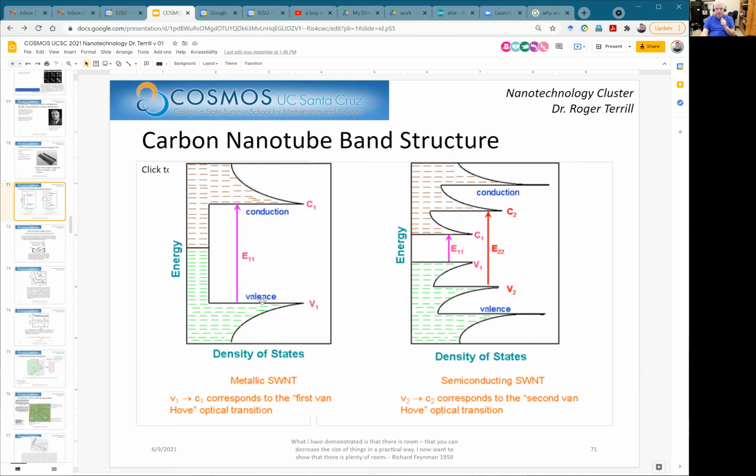Well, it's interesting because there is no real distinction between valence and conduction here, right? Because if you were to pack more electrons in, it would destabilize the structure of the tube. But that doesn't quite answer my question, right?